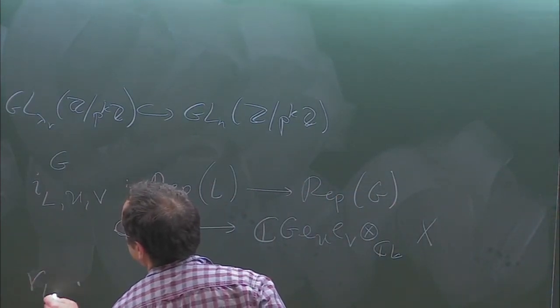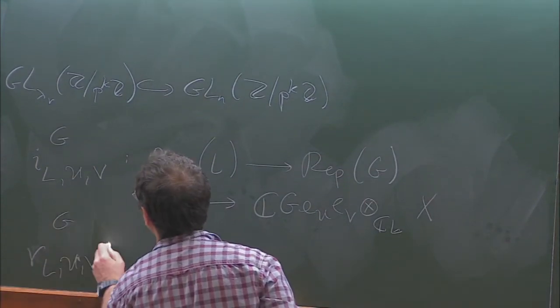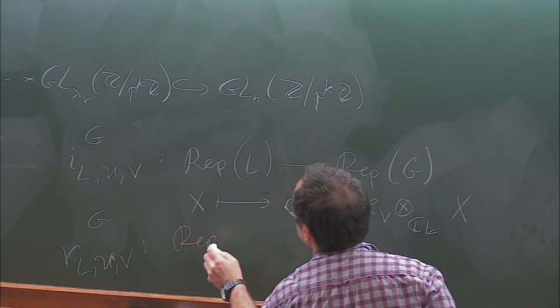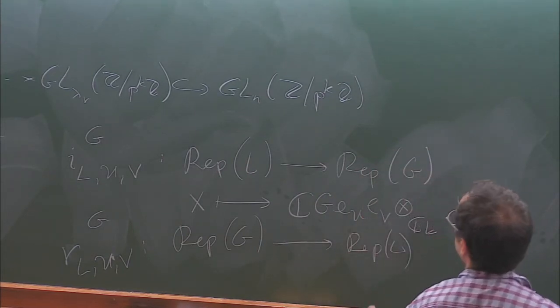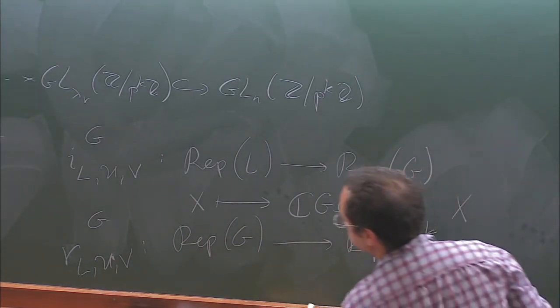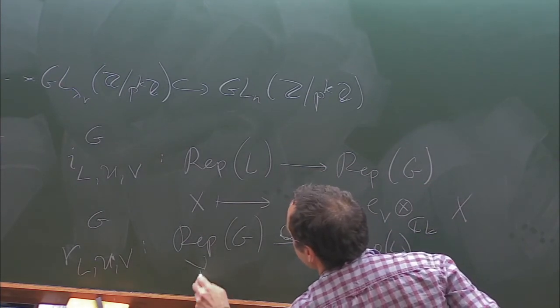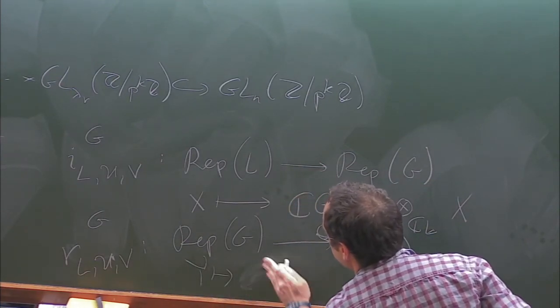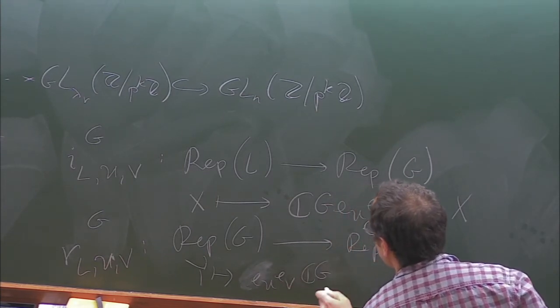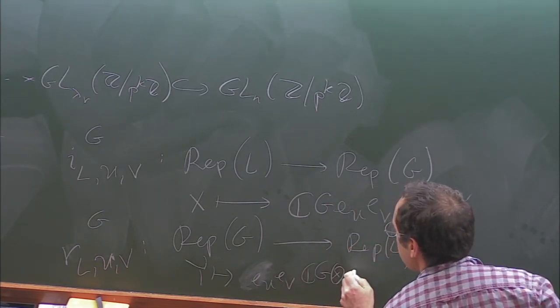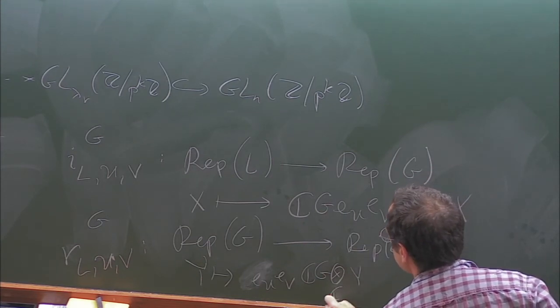So this is one functor, and there's a functor in the reverse direction, R, L, U, V, G. Go from representations of G to representations of L, and that will be tensoring C with e_U e_V, C[G].